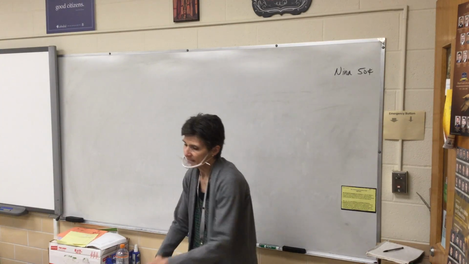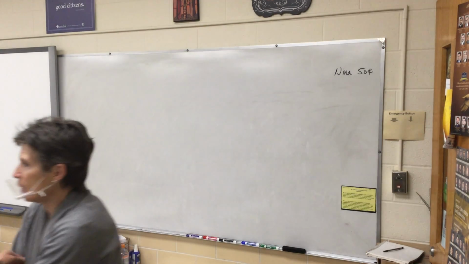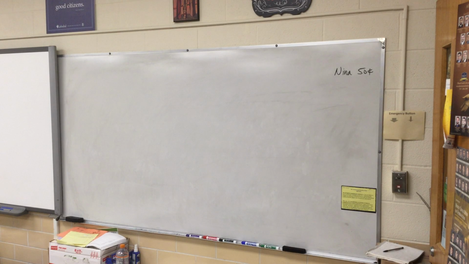How many ways can I line 10 kids up out in the hallway? Very good. How many ways can I arrange the letters of the word Ford? 4 factorial. There's no repeat letters in that word, right?